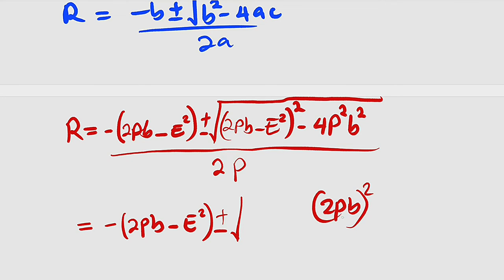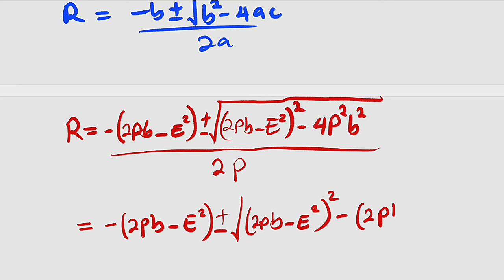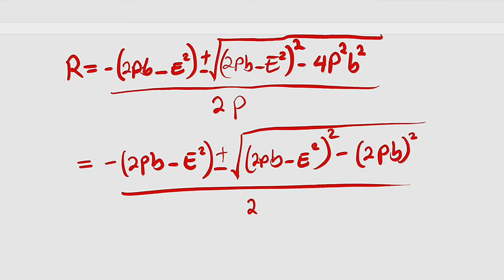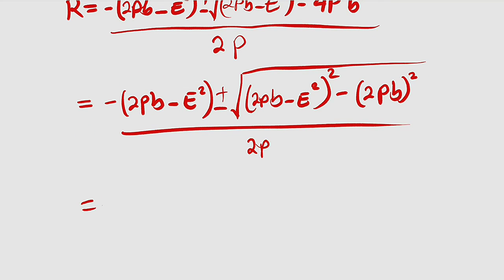Yes, because if you expand this, you're going to get this back. We have (2PB minus E squared) whole squared, then minus (2PB) whole squared. This is exactly what we have under the square root, divided by 2P.